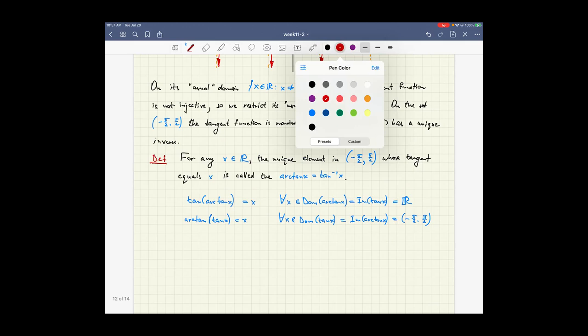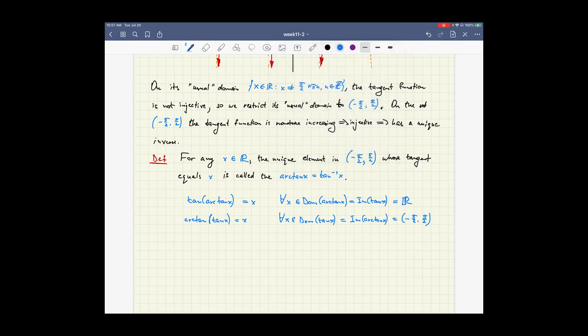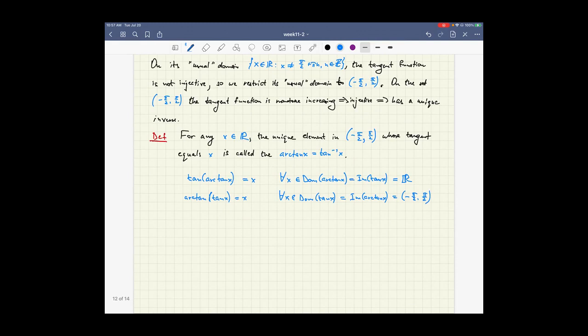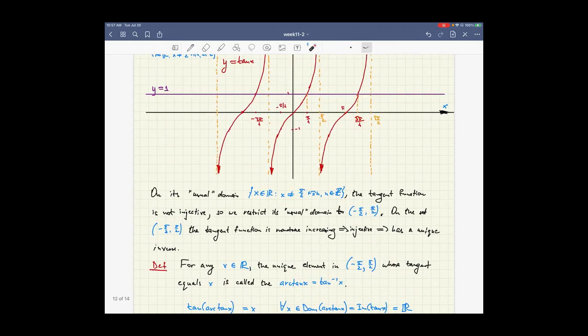Let's practice finding arctangents of various values. We can find arctangent of 1. That's immediately pi over 4.